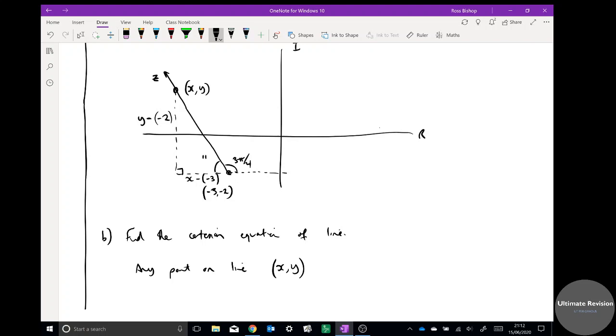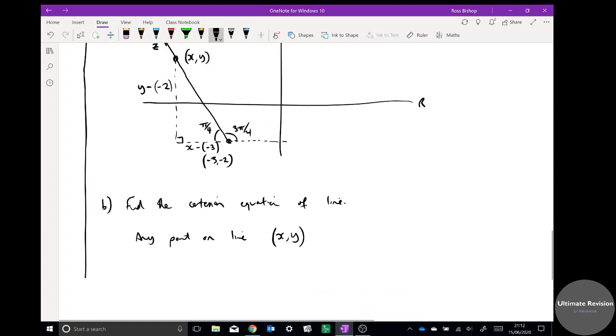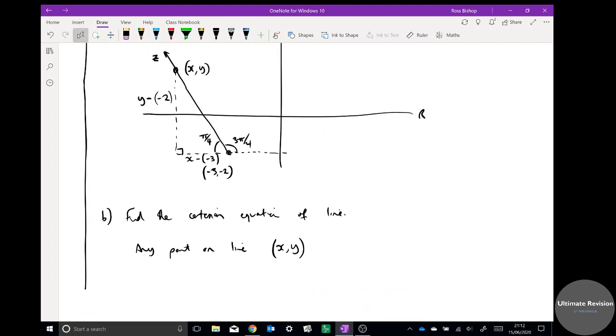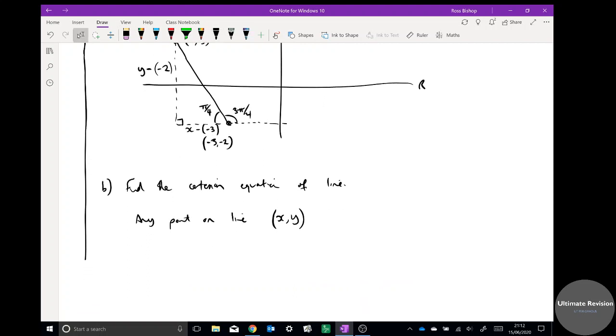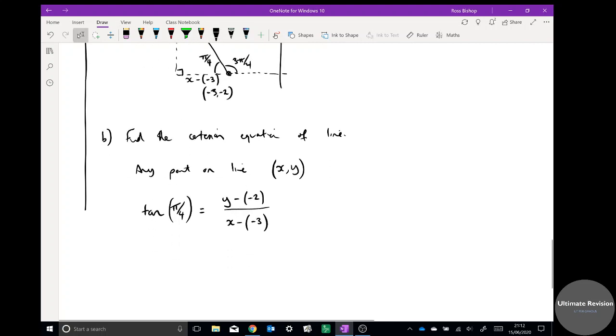That angle has got to be pi over 4 because they add up to pi. So straight away I can set up an equation, because remember, tan of the angle, so tan pi over 4, must equal the opposite, which is y plus 2, over the adjacent. And this in itself will get the Cartesian equation very quickly.